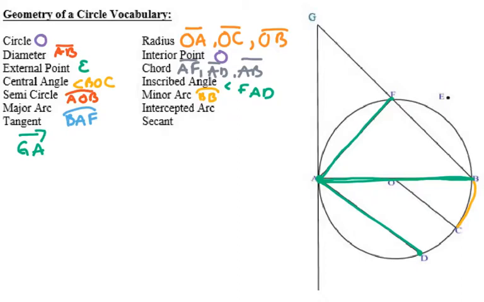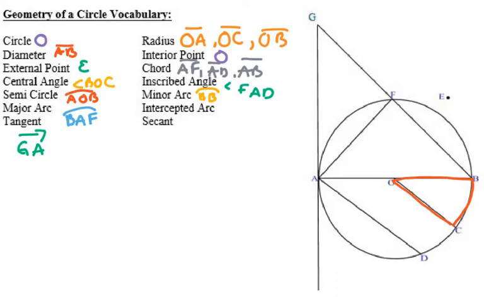An intercepted arc is where our angle, whether it's a central angle or an inscribed angle, is going to touch the circle. So an intercepted arc here would be that arc BC is being intercepted by angle BOC. So BC would be considered our intercepted arc.